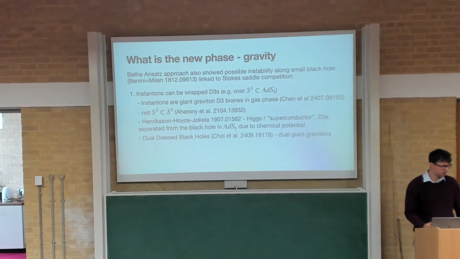That's the tunneling. So you're supposed to imagine you're tunneling through the black hole. It just tells you about the thermodynamics. So it just tells you that the configuration with a D brane away from the black hole is favored relative to the case where all the D branes are in the black hole. Well, the instanton would describe the tunneling of the D brane to somewhere outside the black hole.